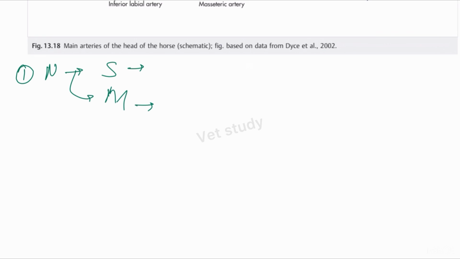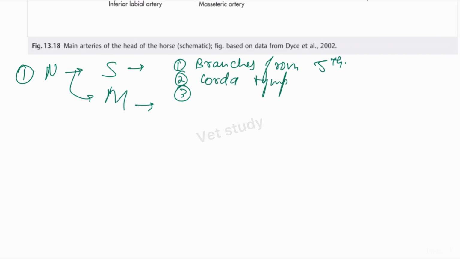So let's discuss sensory first. For sensory, we have three main nerves. The first one is branches from the fifth, the trigeminal, right? The second is the chorda tympani branch from the seventh cranial nerve.